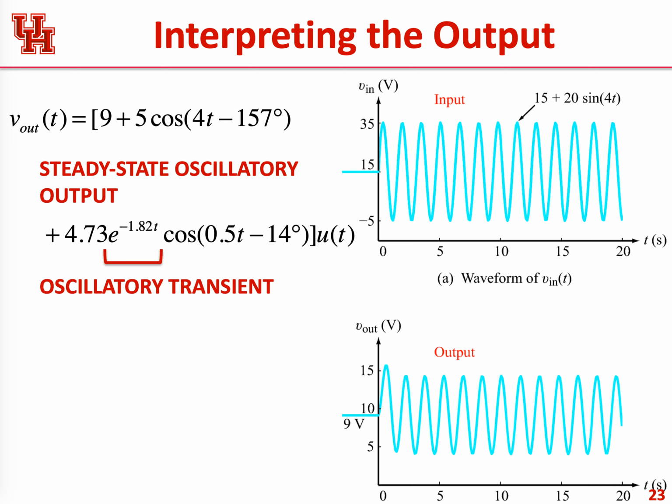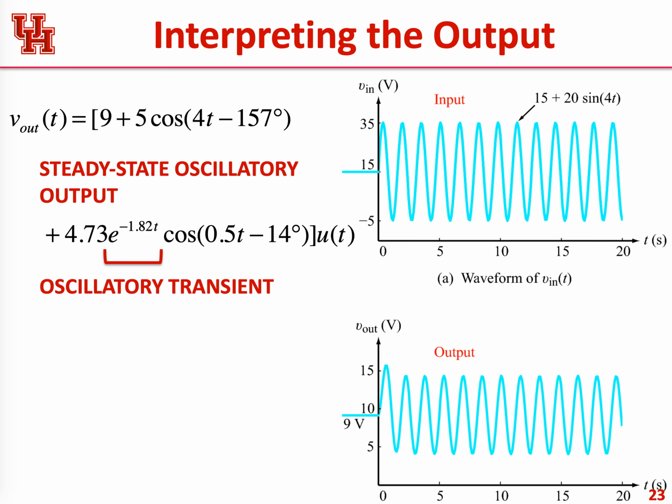If you think about the output, there is a steady state value which is 9 volts. It's kind of like a DC value. But then we have a non-decaying sinusoid, i.e., this is a part of the steady state solution.